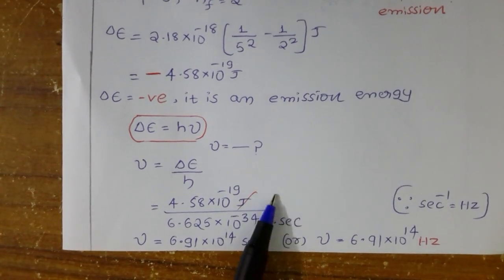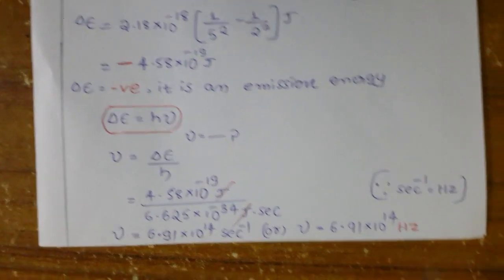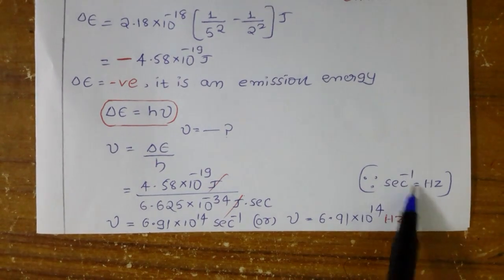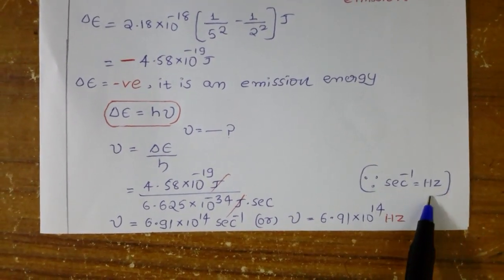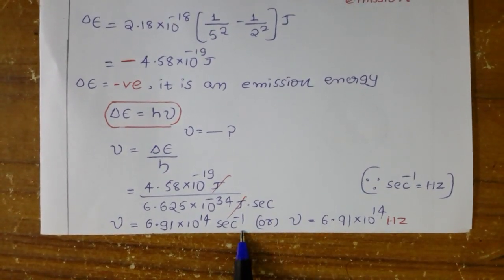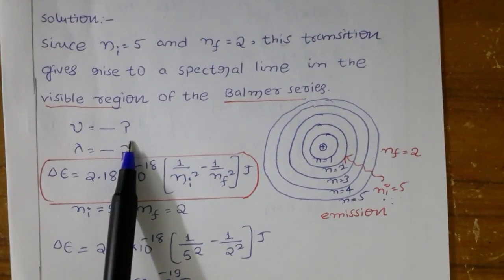In the numerator, the second becomes second inverse, which is the unit of frequency, hertz. So instead of second inverse, we can write Hz. So mu is 6.91 into 10 to the power of 14 Hz, or second inverse. So our first answer, the frequency, we got.